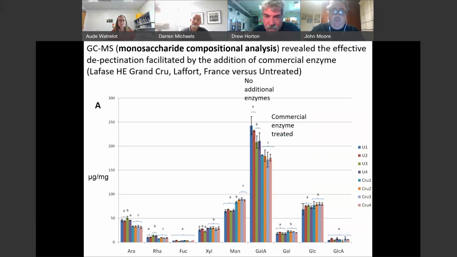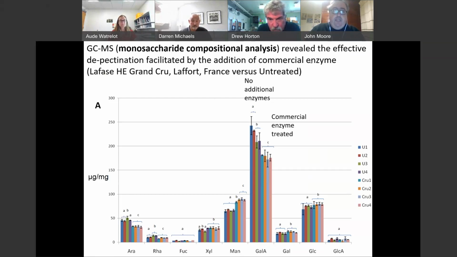But if you treated with commercial enzymes, in this case, in the figure, Lafay's HE Grand Cru, you got a reduction in galacturonic acid, as well as an increase in mannose in the pomace material, indicating that some enzyme depectination had taken place.